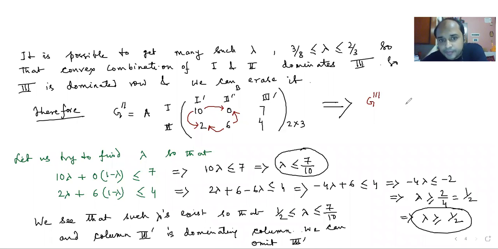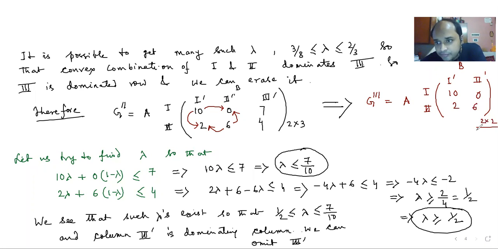The matrix reduces to G triple prime, with player A having the two strategies 1 and 2, and player B having the two strategies 1 prime and 2 prime. The order of the matrix now becomes 2 by 2.